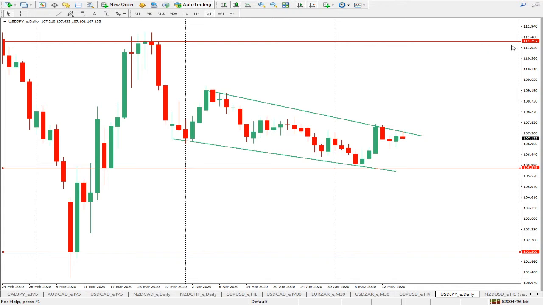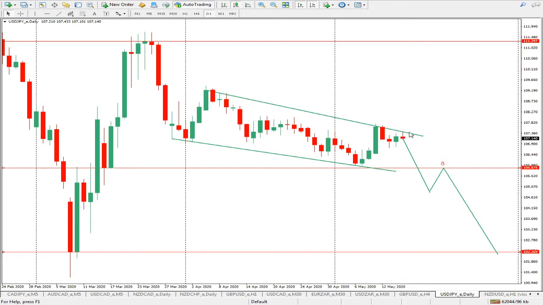up to around 111.282, which is here. On the other side, if the price breaks below the lower trend line, then we expect it to sustain itself below this level, 105.676, where we'll expect a move like this, a break below, and then a retracement, then a continuation, which means this should be a good place to look for a sell from.